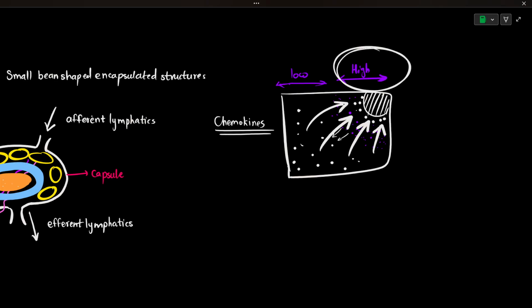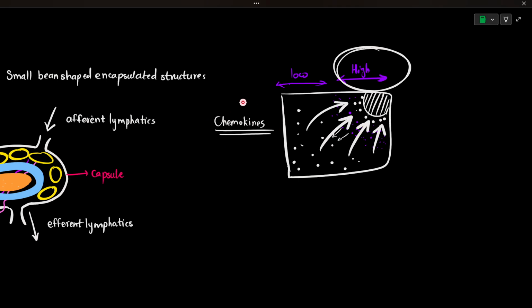Chemokines can be secreted by immune cells or by stromal cells. Granulocytes, macrophages, or stromal cells secrete these small signaling molecules that form the concentration gradient across the tissue, and that helps the immune cells trail and be guided to specific locations. The receptors for the chemokines are present on the immune cells.